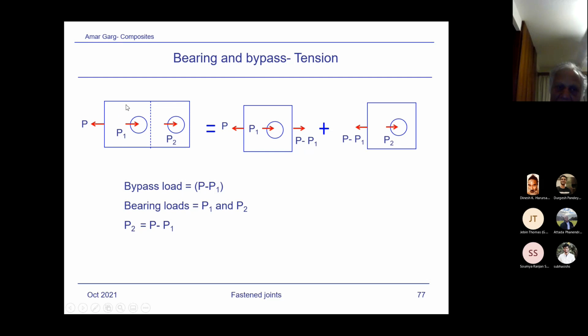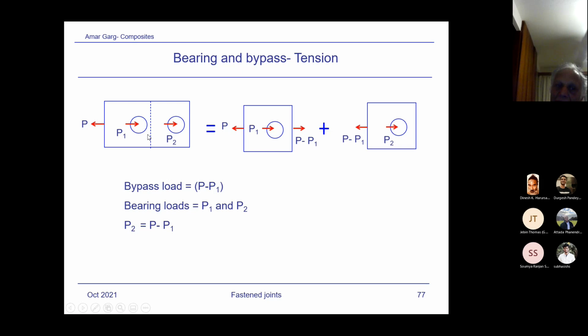So that means I can split this part and this part. If I'm taking the free body diagram of this, you can see this is the free body diagram of this one. That means I have the load P applied here, and only P1 is being reacted over here at the fastener. That means the remaining load has to be P minus P1 over here. Okay. And if I'm cutting the section here, that means this fastener P minus P1 and P2 is here.